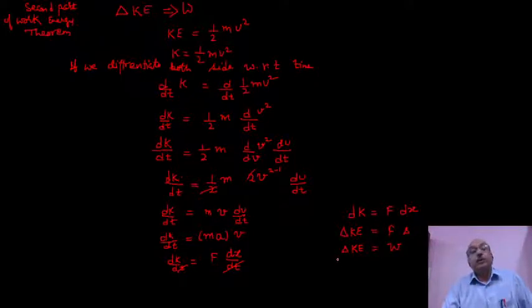Hence we proved that the change in kinetic energy is work done. In the second part and in the first part, we found that work done is equal to change in kinetic energy. So this is the work energy theorem.